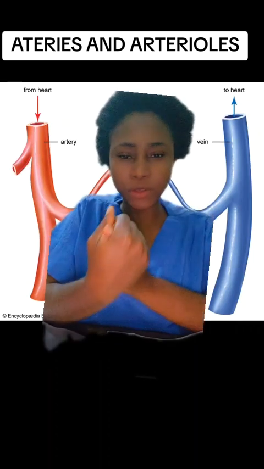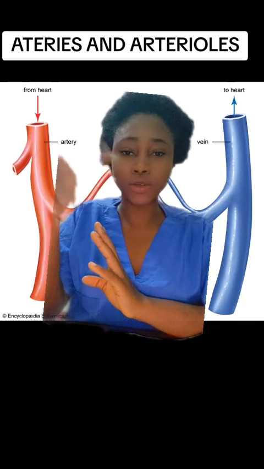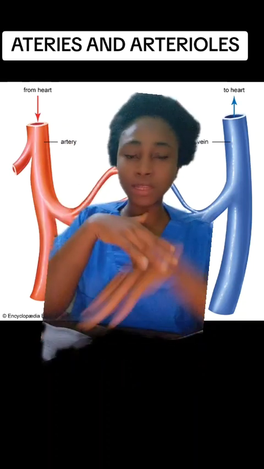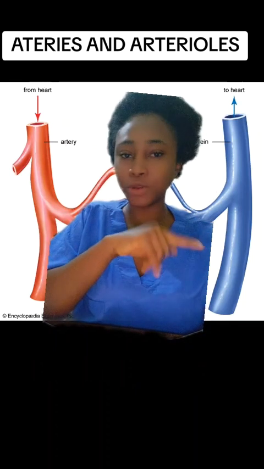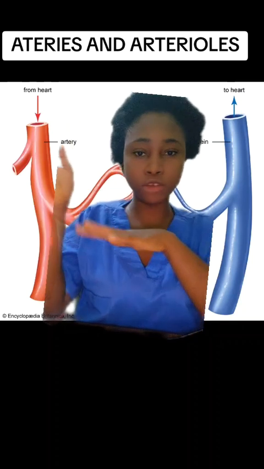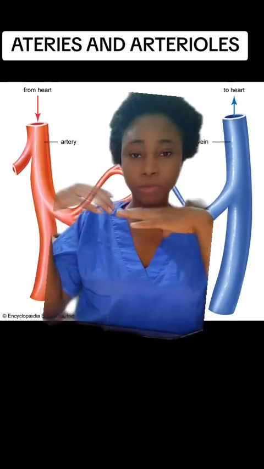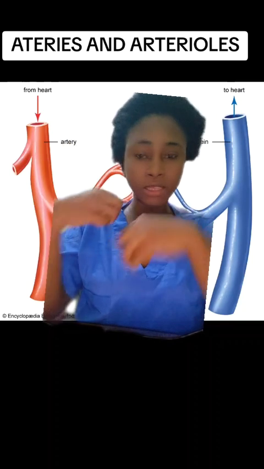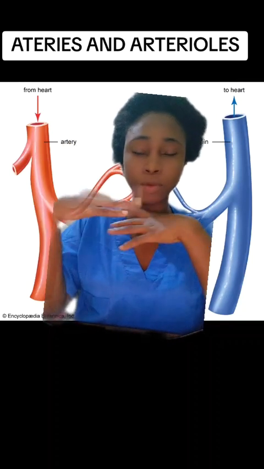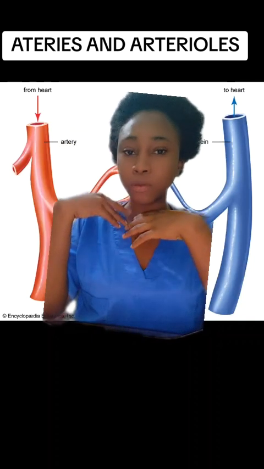The reason why is because the pressure that is coming from the heart is much higher in the artery than in the vein, because the vein is already returning, so the pressure is lower than that of the artery. Like the heart is beating, the pressure is coming from the heart.